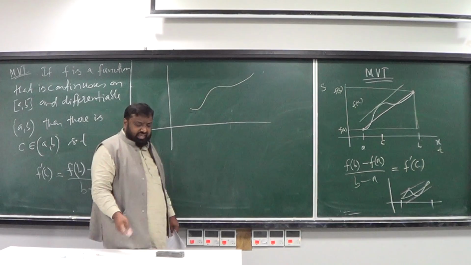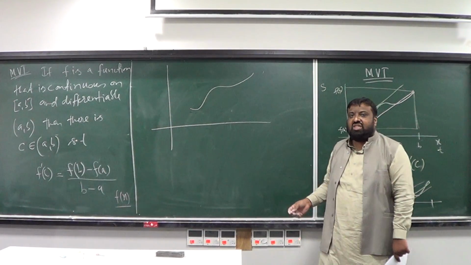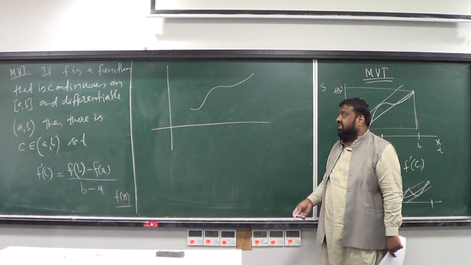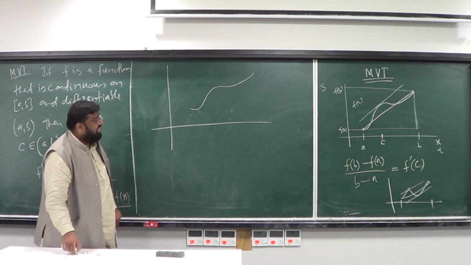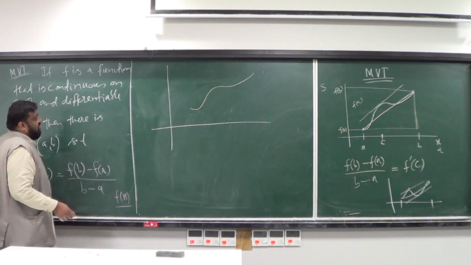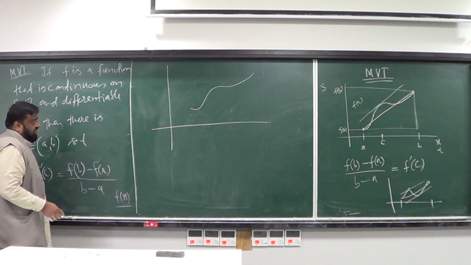Then without looking at the graph, how can I say where the function is increasing and where it is decreasing?